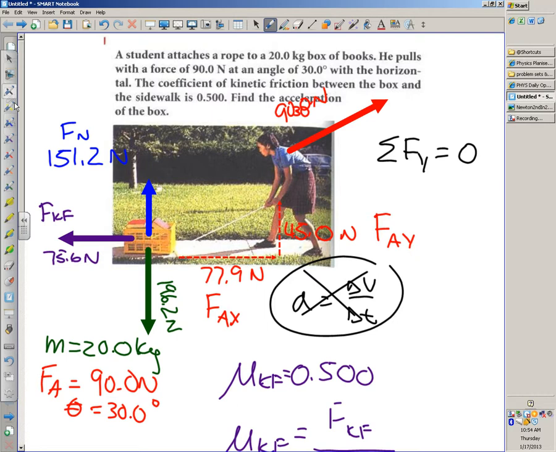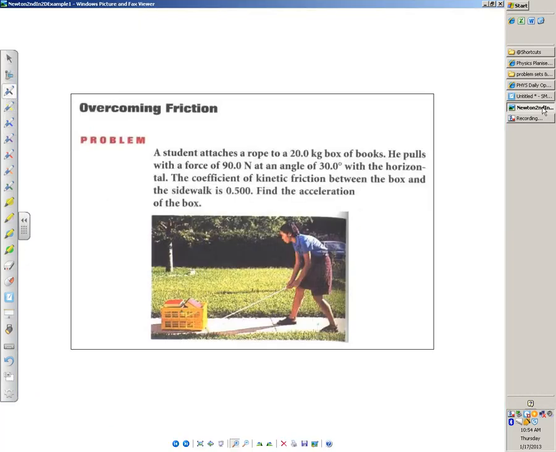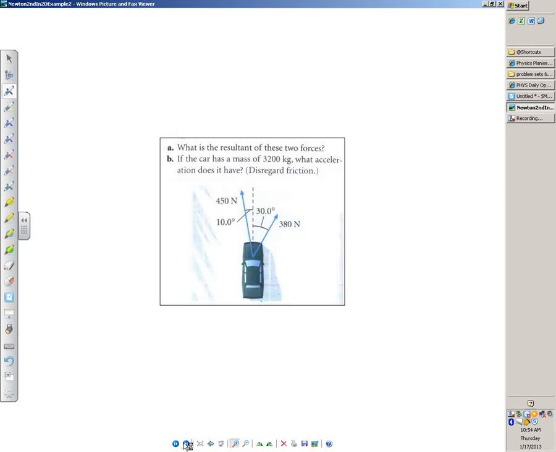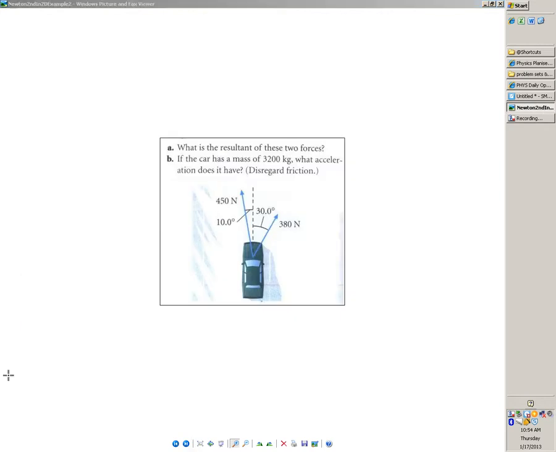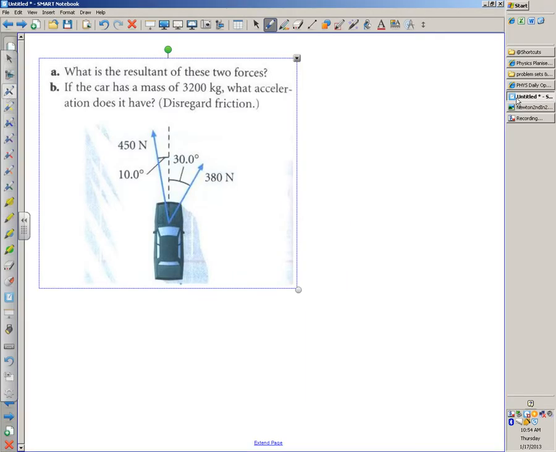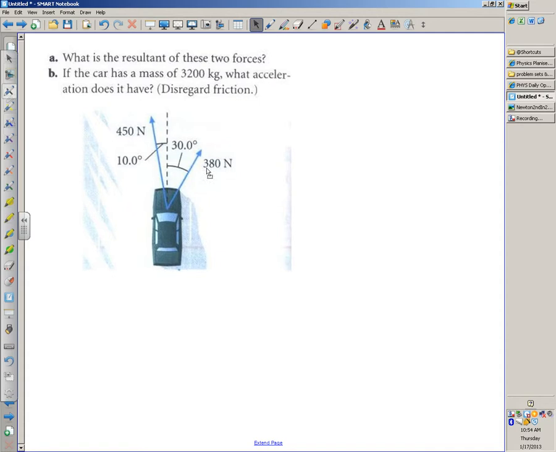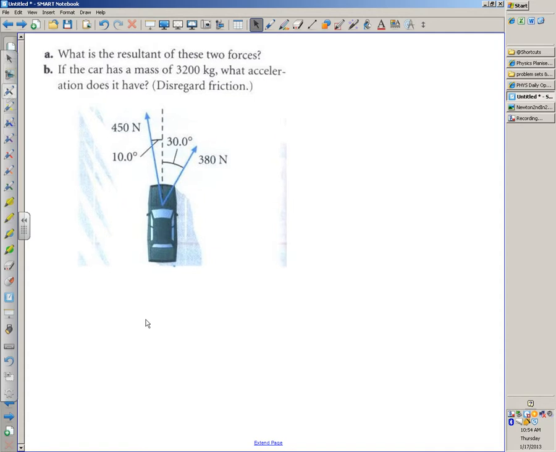Let's do one more real quick. Not quite as involved as this one. All right. So here's a car. Okay? And it gives you two forces that are acting on this car.